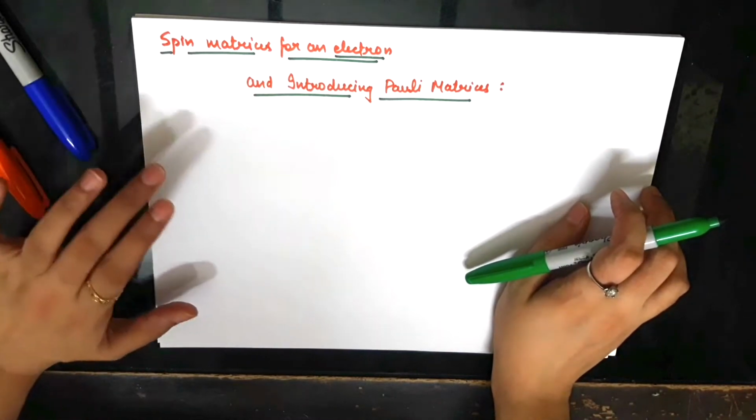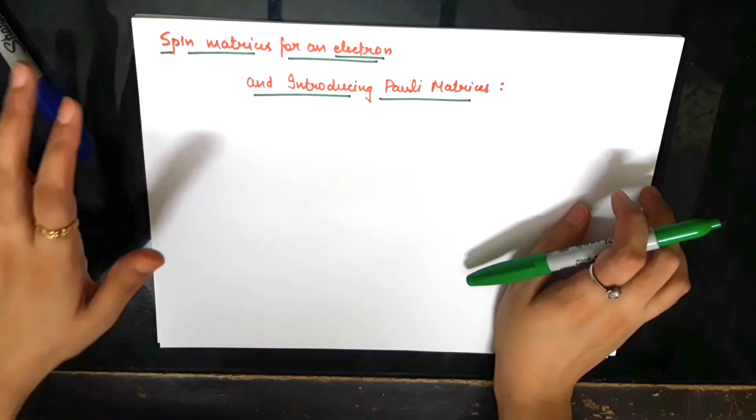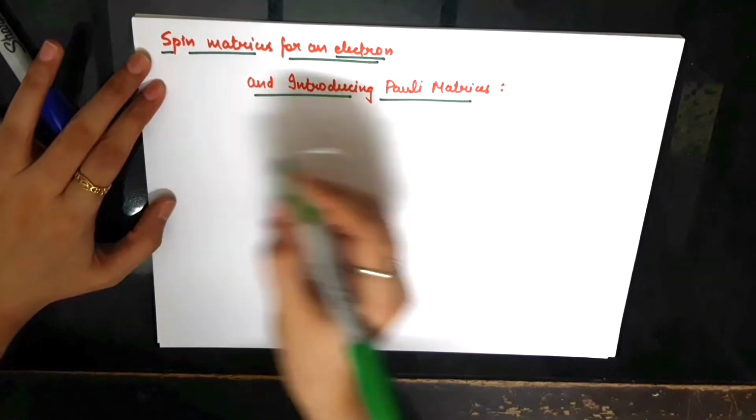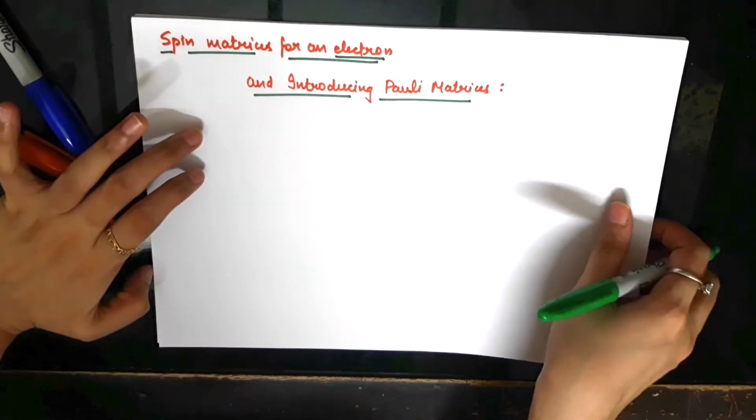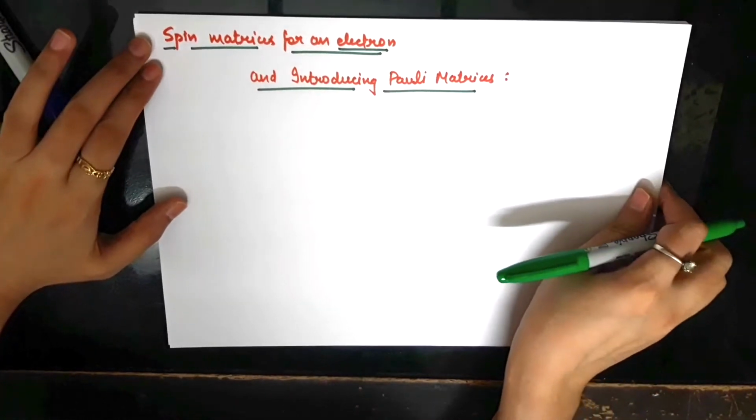In the last video, we saw that spin is a form of angular momentum, and that the spin operators obey very specific commutation relations.